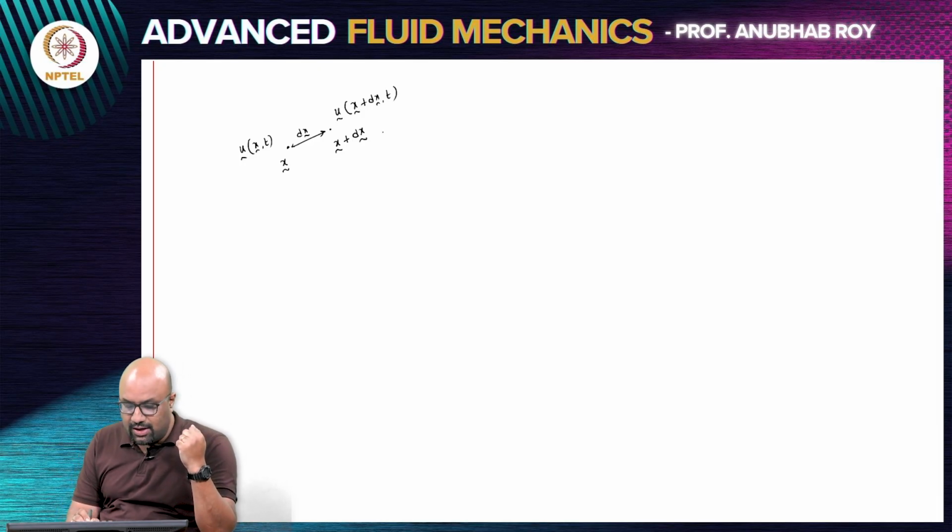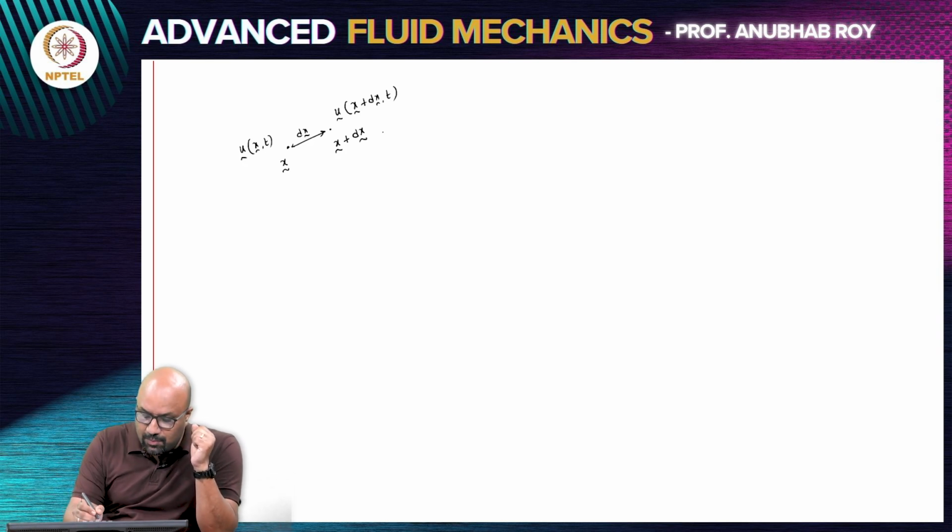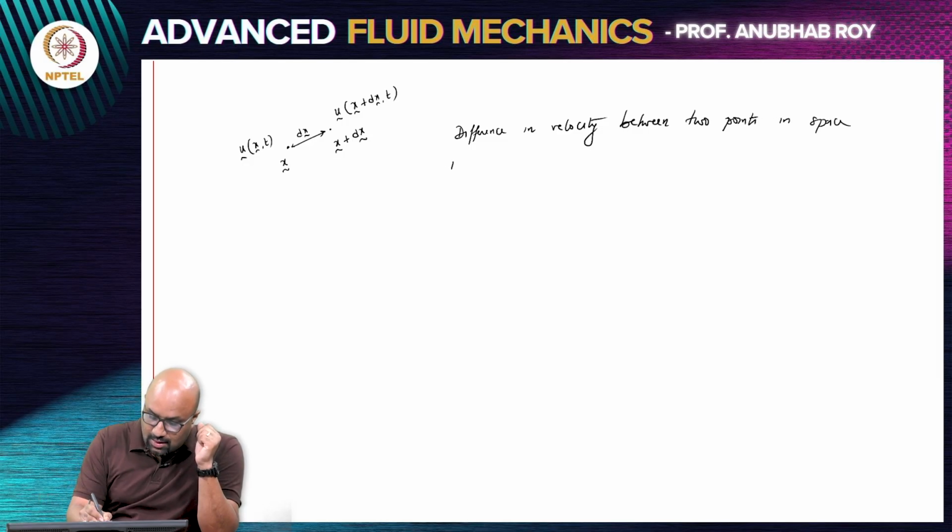So, the question we started out asking is what would be the change in velocity, or the difference in velocity, between 2 points in space infinitesimally separated.